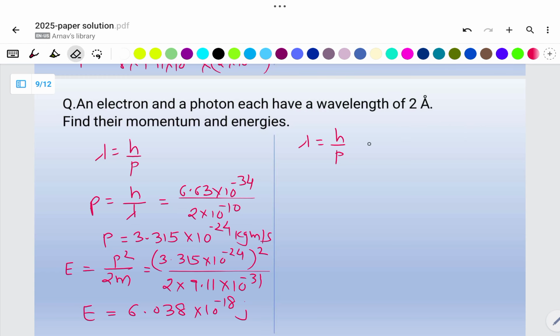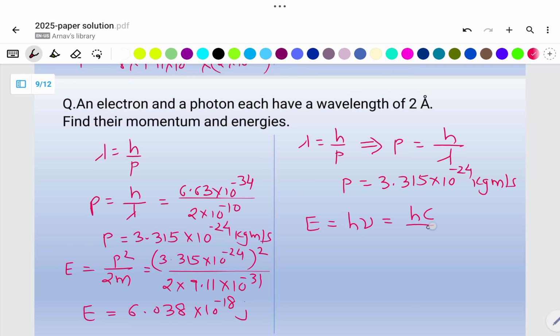This implies momentum is h upon wavelength. So we'll get the same momentum as for electron, which is 3.315 into 10 to minus 24 kilogram meter per second. But we know the energy of photon is h into frequency, or hc upon wavelength.